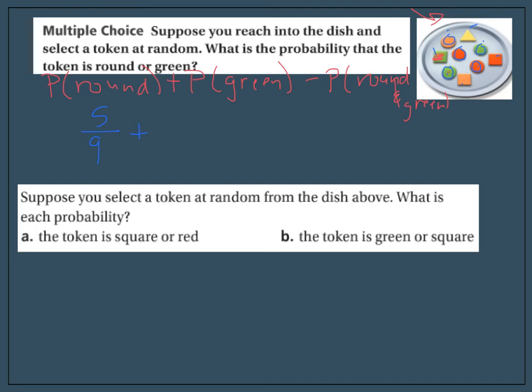Here I have 1, 2, 3 out of 9 green. Now I'm going to subtract the round green ones. So here's a round green and here's a round green because I already counted that for both of the dishes. So I have to subtract 2/9. So I can have 5 plus 3 minus 2, or else you could do this all into your calculator, and I would get 6/9 or 2/3.